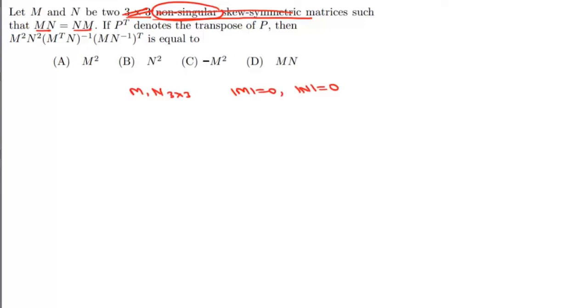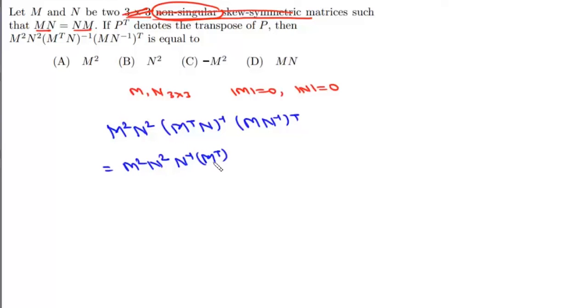reduces to what? Now what we are given is M square N square, M transpose N inverse into (M N inverse) transpose. Now we can write this as M transpose N square, and this is N inverse into M transpose inverse, and here will be N inverse transpose into M transpose.